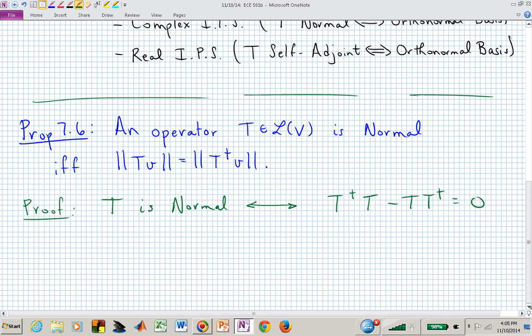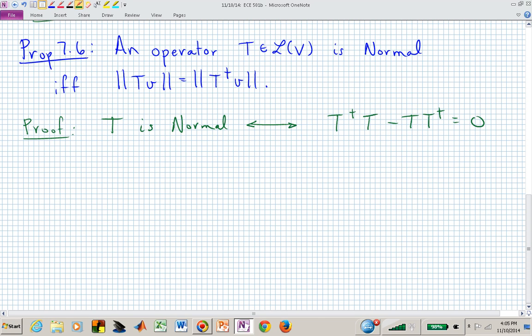If that's true, then that left-hand side is just a 0 operator in a sense. And if we have the 0 operator operating inside an inner product, meaning if we now take T dagger T minus T T dagger and apply that to v, that's just the 0 operator applied to v. That's 0. Inner product with v.